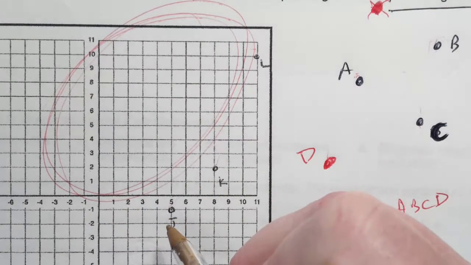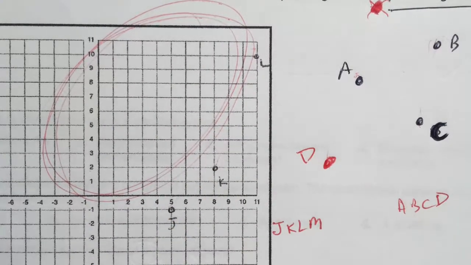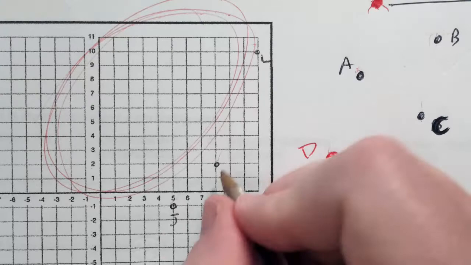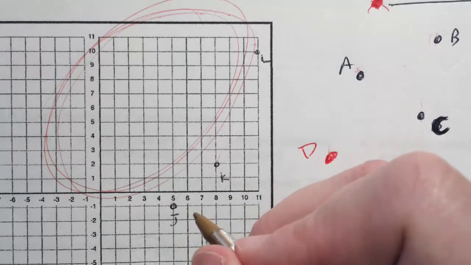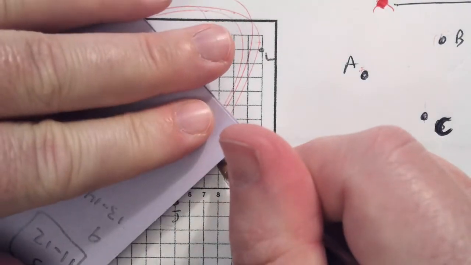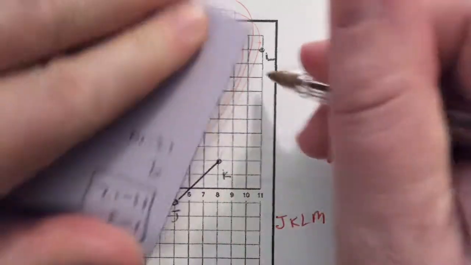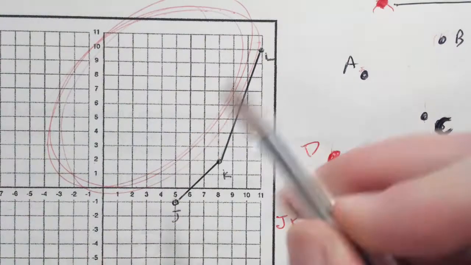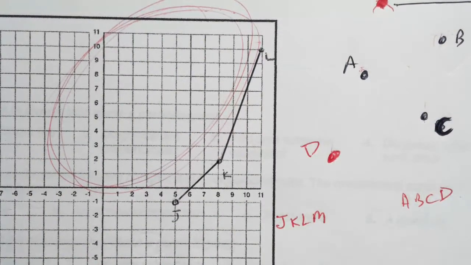All right, so we just need to figure out a pattern. So I know for a fact that we're connecting these right here. So J to K to L. Okay, and the other one would be over here. So you just need to find a pattern. So there's 2 different ways.